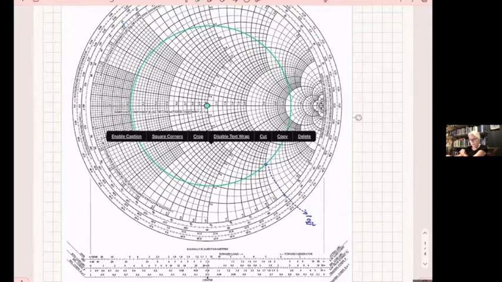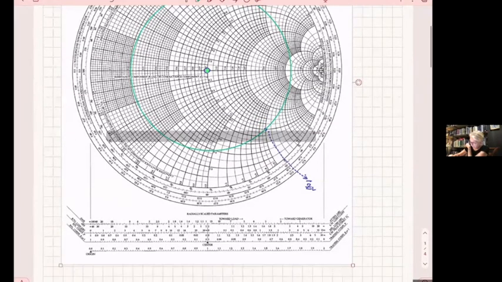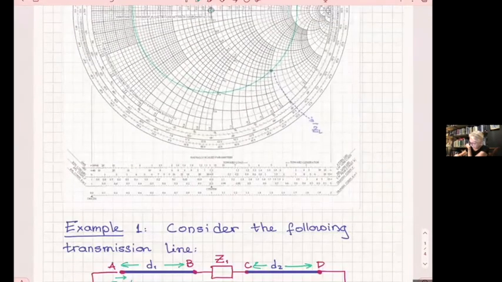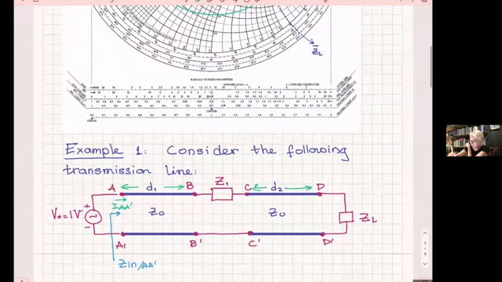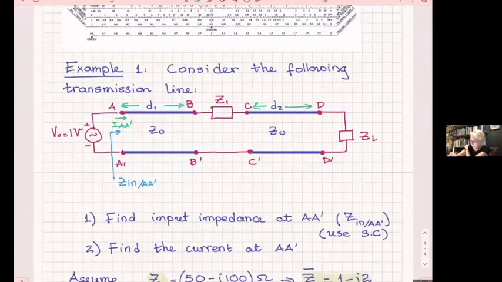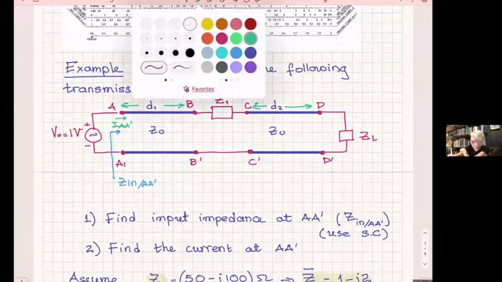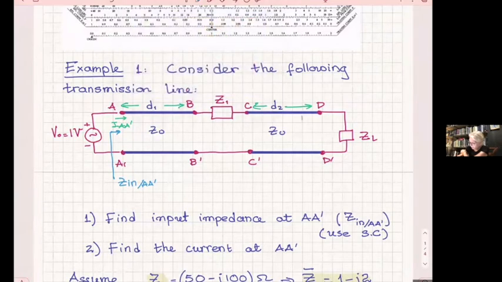Question number 1, how would I find the reflection coefficient on this part of the line from the Smith chart? Let's assume that I had asked you to find the reflection coefficient somewhere in this line. Let's assume that I consider a position here on the line, a random position on the line.